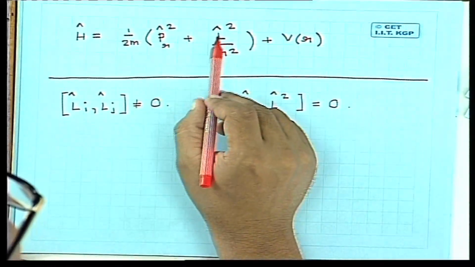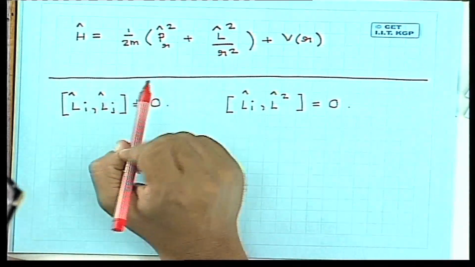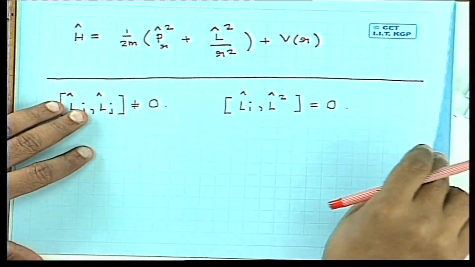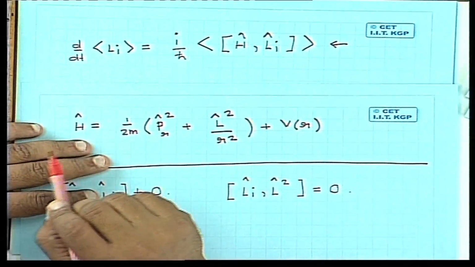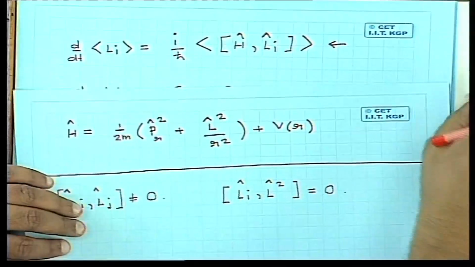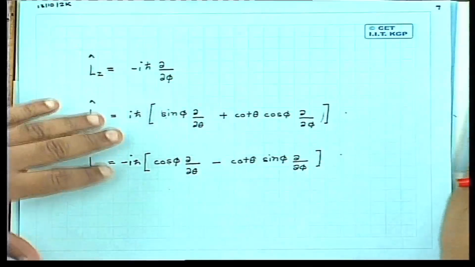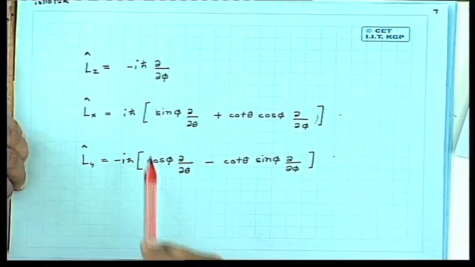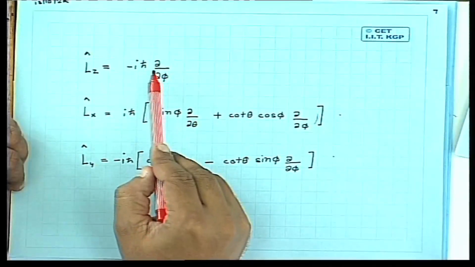Now the angular momentum operator L commutes with the radial component of the momentum, because the angular momentum operator L involves only derivatives with respect to theta and phi. We have just worked out what L is in a spherical coordinate system, and we see that the different components of L, Lx, Ly, Lz, all of them involve derivatives only with respect to theta and phi.